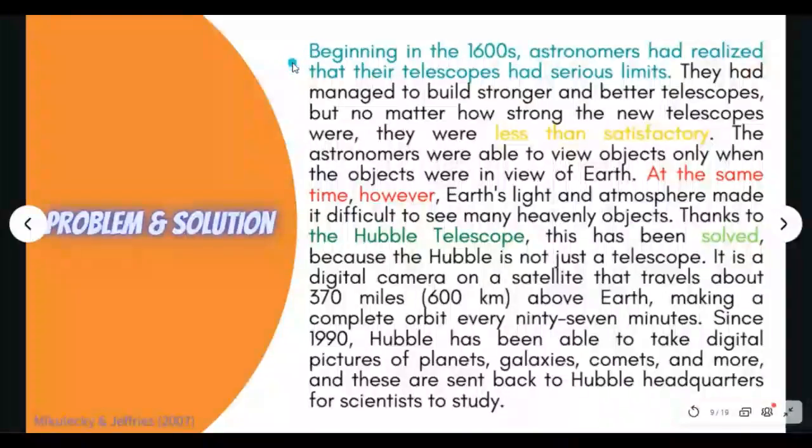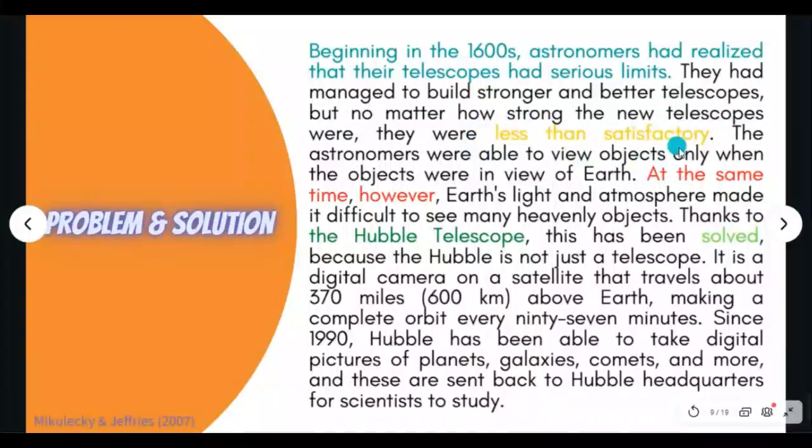explaining the problem first. They had managed to build stronger and better telescopes, but no matter how strong the new telescopes were, they were less than satisfactory. And this is the conclusion of the problems. Okay, this is the problem.